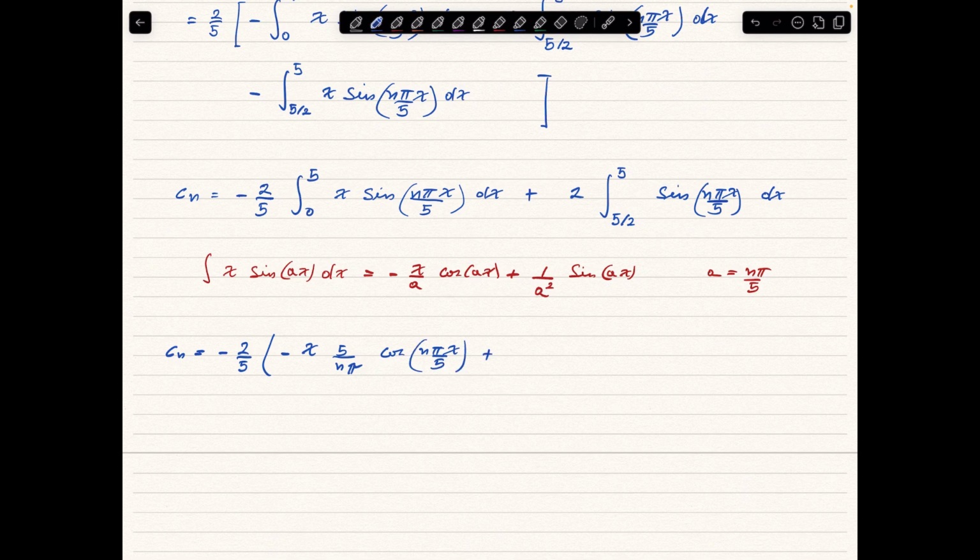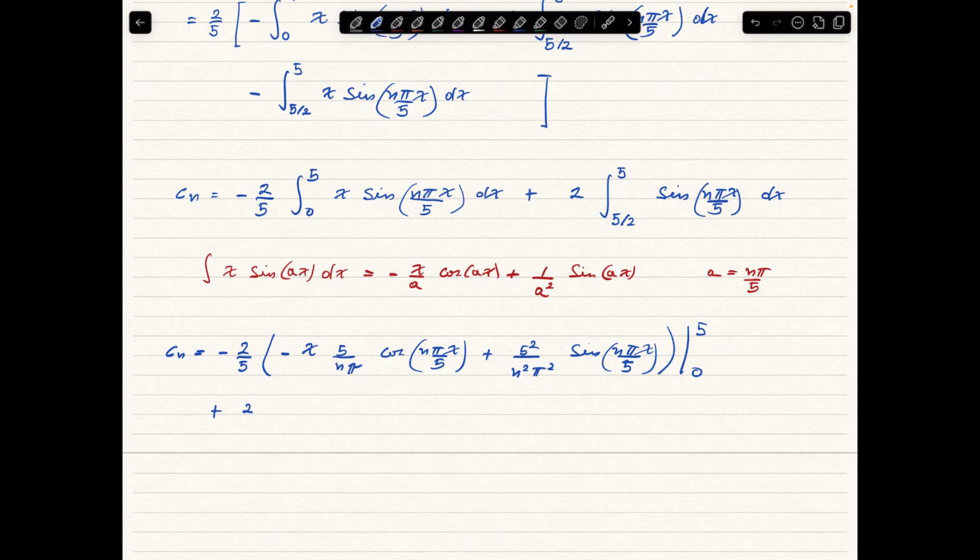Then we have plus 1 over a squared, which is going to be 5 squared over n squared pi squared, sine of n pi x over 5. All that has to be evaluated between 0 and 5. And then we have one more term that is 2.